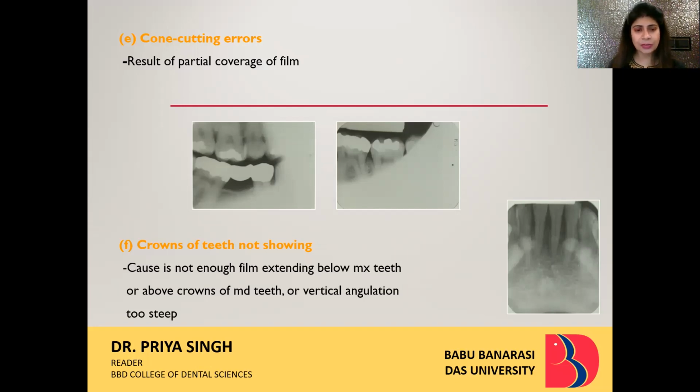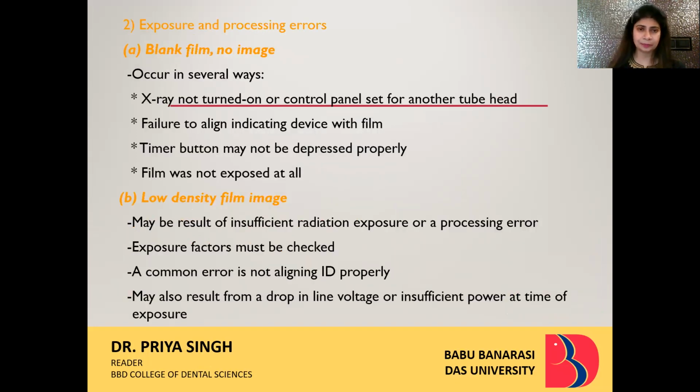So if crowns of teeth are not showing, it is because the film was not placed properly, not extended to the coronal region. Whenever you're placing the film, you should always see that it covers the coronal as well as the root region. Otherwise, one or the other aspect will be compromised.